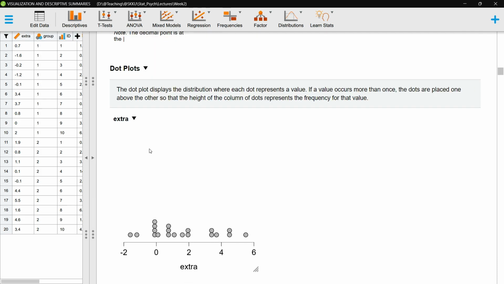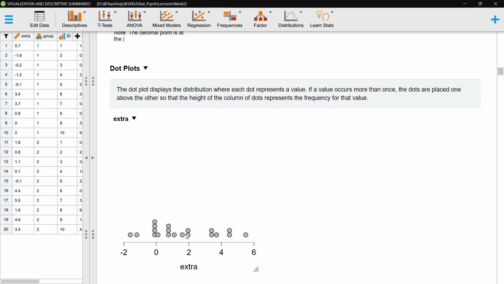The dot plot displays the distribution where each dot represents a value. If a value occurs more than once, the dots are placed one above the other, so that the height of the column represents the frequency for that value. So we have 4 observations near this area, right? Because of this, the dot plot gives us some sense of the distributional shape.